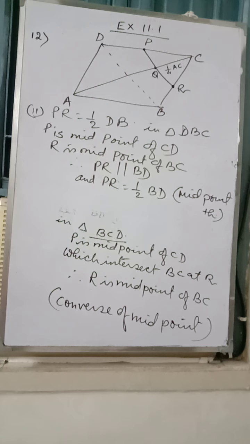Please write it. Question number 13, it says, in a parallelogram ABCD, M is a midpoint of AC. X and Y are the points on AB and CD respectively, such that AX is equal to CY. Prove that triangle AXM is congruent to triangle CYM and XMY is a straight line. So let us draw the figure first of all.